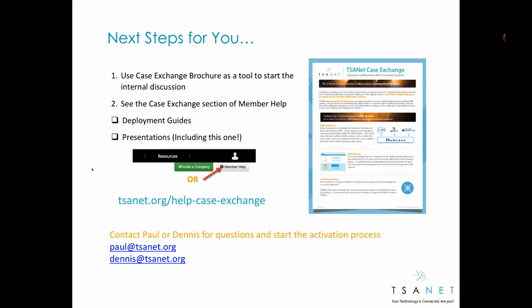On the member web, you'll see a link for member help, and underneath that you will see an icon for Case Exchange. This is the direct URL to it, but basically if you go there, you will find a lot of information, some presentations, links to recorded webinars, including this one we'll be putting on there as well.